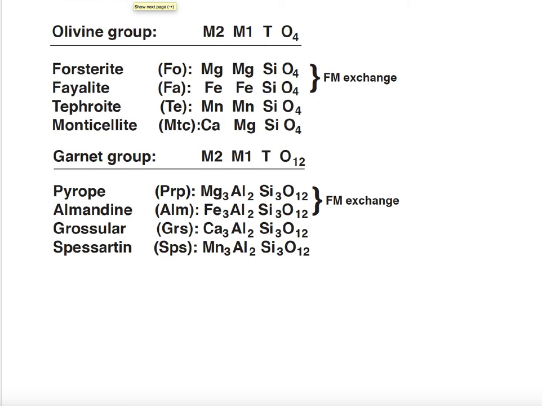Calcium also has 2 electrons in the outermost rim. We are dealing then with the garnet end member grossular, which has the mineral chemical formula Ca3Al2Si3O12.